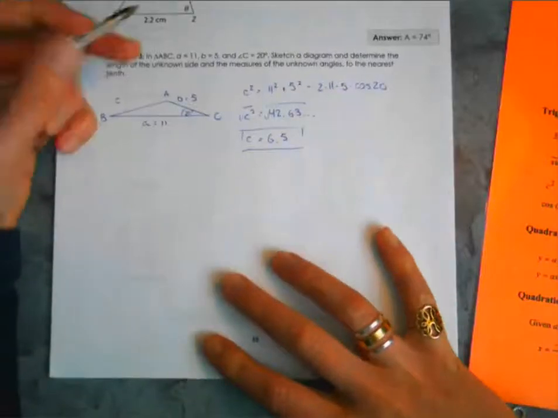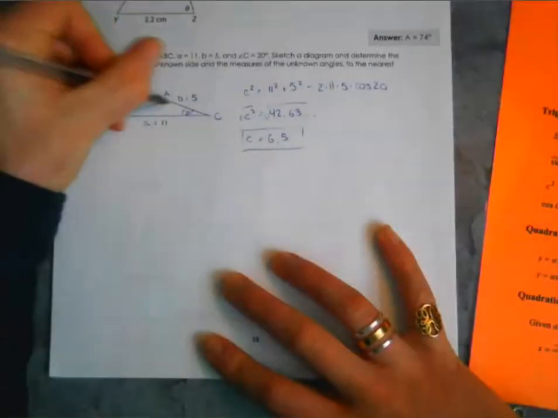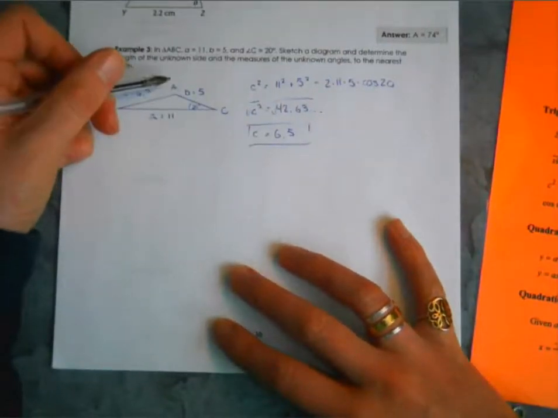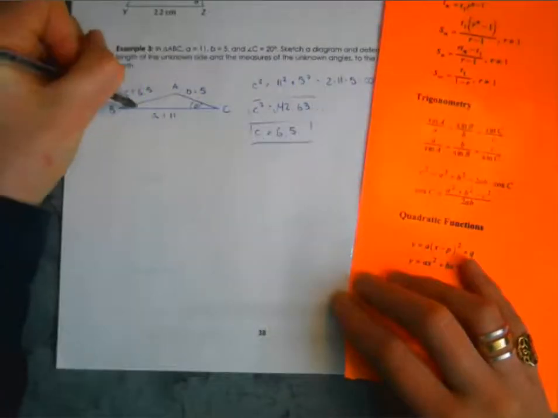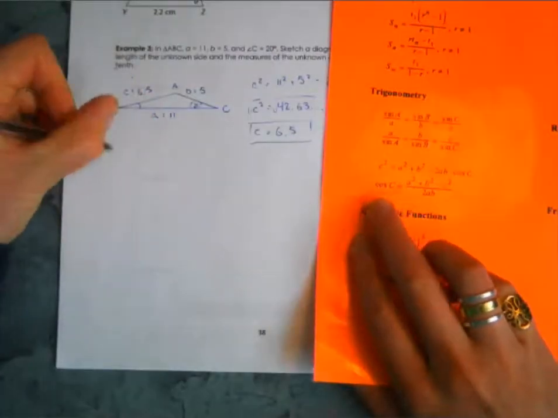Okay, now remember we had to solve the whole triangle, so that means we also need to know all the unknown angles. To start out, let's say we want to solve for angle B. We'll try this guy over here. So basically what we need to do is rearrange this.